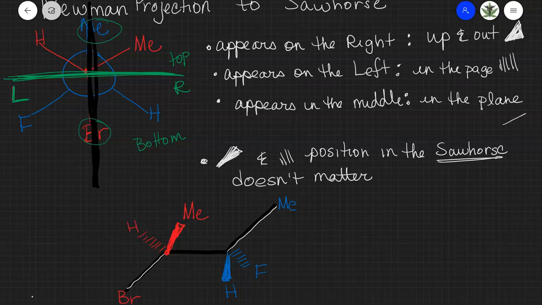So this structure that we've drawn is the sawhorse. So all I did was just take my Newman projection, break it down into my left side, my right side, my top and my bottom and my middle, and using our basic guidelines that are shown here in white, I was able to draw a sawhorse starting with a Newman projection.